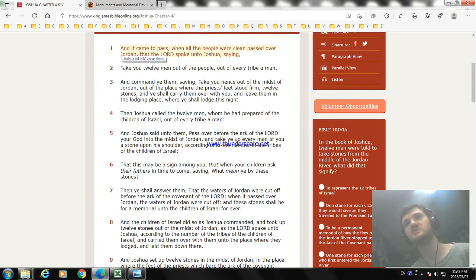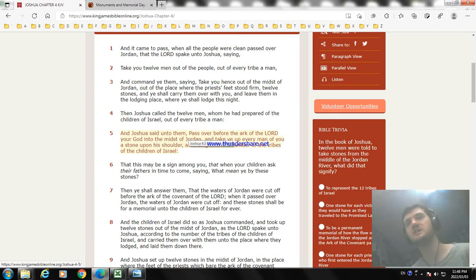And the Lord came to pass, and the people were clean over Jordan, and the Lord spake unto Joshua, saying, Take ye the 12 men out of the people, and out of the tribe of men, and the king men saying, Take ye pence of the midst of Jordan, out of the place of where the priests stood film, 12 stones were carried over them with you, and leave them in lodging place where ye lodged this night. Then Joshua called the 12 men, and he had prepared of the children of Israel, of every tribe of men.